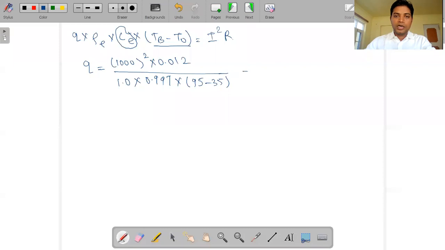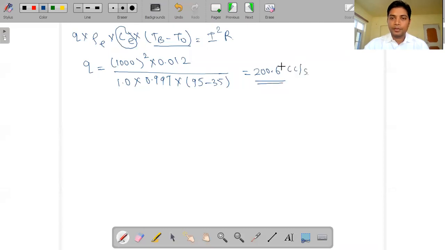Guys, can you tell me the value of this? It is 200.6, please note 200.6, in cc per second.